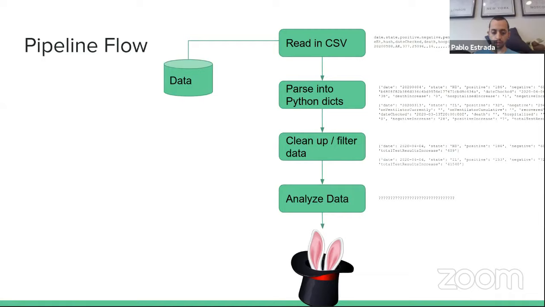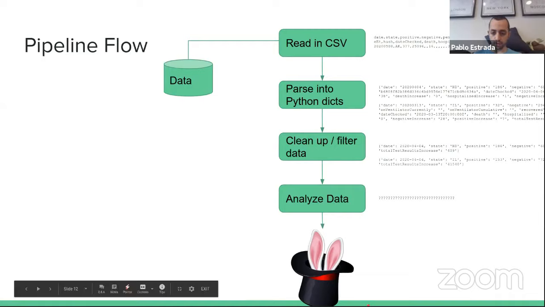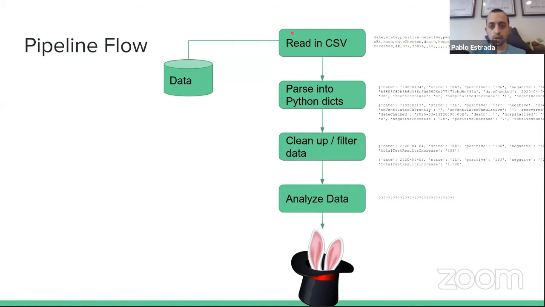As we saw in Beam, there's sets of transformations. So the first thing we want to do is reading the CSV file. Then when we read in the CSV file, what we get is just a bunch of strings representing each line in the file. And that's not very useful for us when we're working with CSV data. What we want to be able to do is get rows represented by the CSV data.